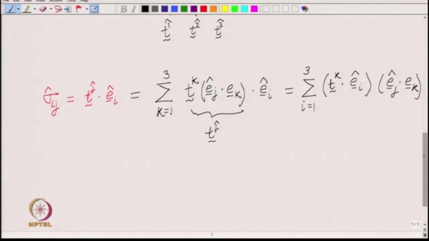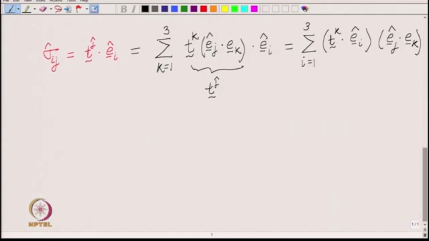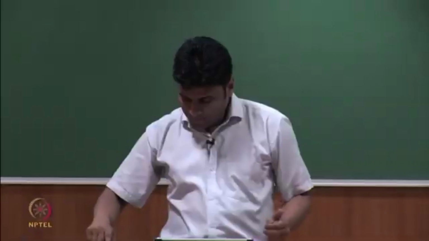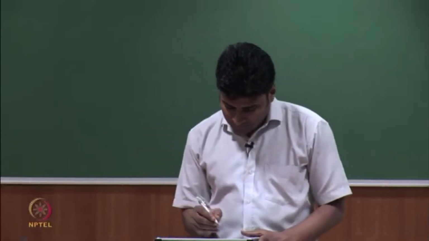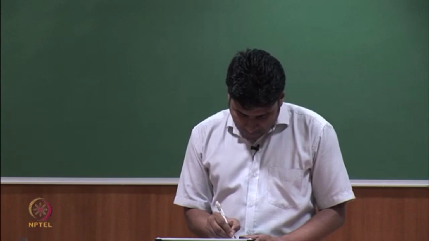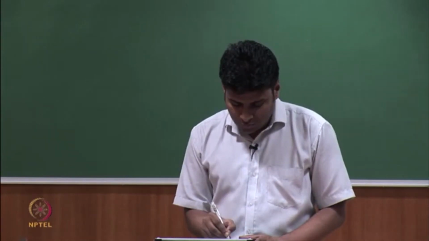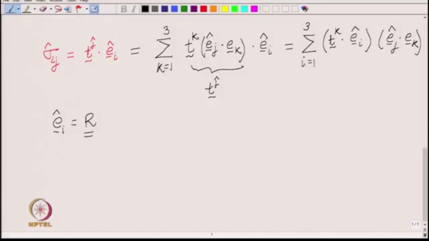All right. Now, we have to somehow find out the relationship between E 1 hat, E 2 hat, E 3 hat and E 1, E 2, E 3. So, that means E I hat would be equal to some rotation tensor R into E I, all right.